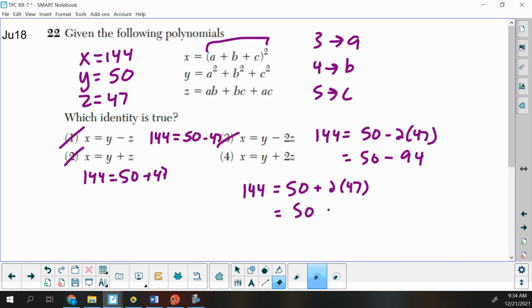That's 50 plus 94, and 50 plus 94 is 144. So that one does check out. So this is not one of our keywords that tells us to store, but we can use that storing feature to make life a little bit easier here.